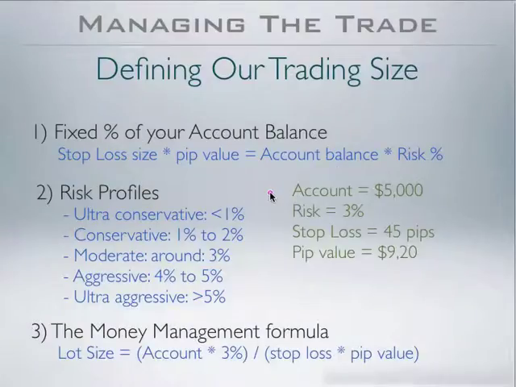So let's assume our current account balance is $5,000. Our risk profile is moderate, and therefore we'll risk 3% on each individual trade.